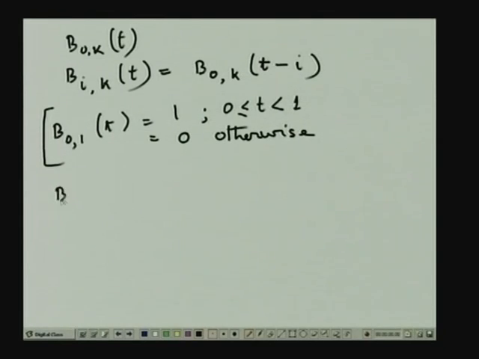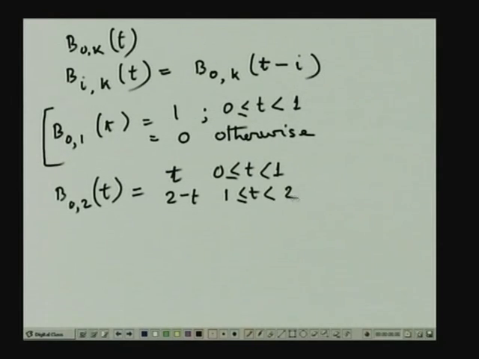Similarly, b 0 2 t will be equal to t for 0 less than or equal to t less than 1, equal to 2 minus t for 1 less than or equal to t less than 2, and equal to 0 otherwise.